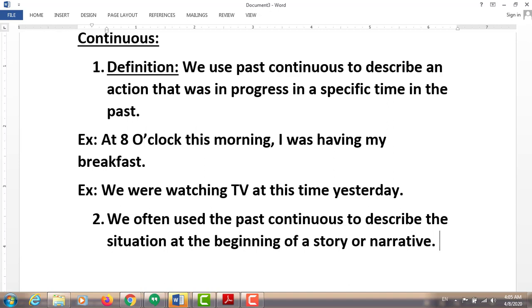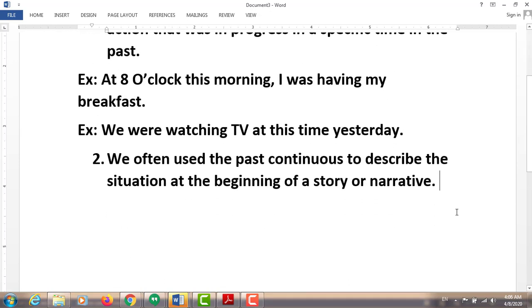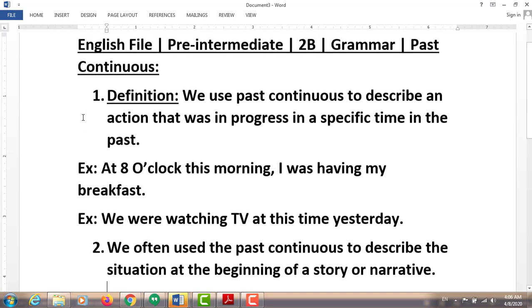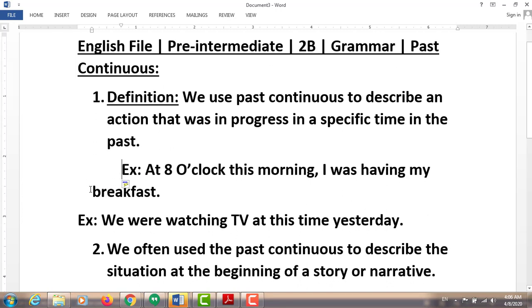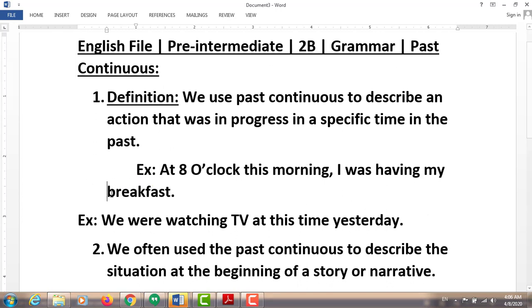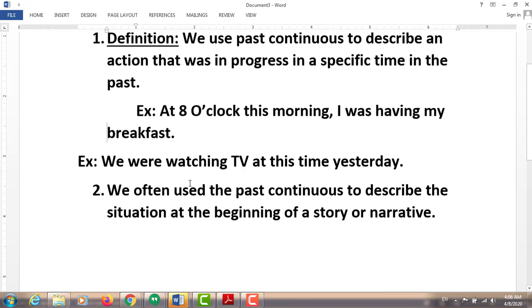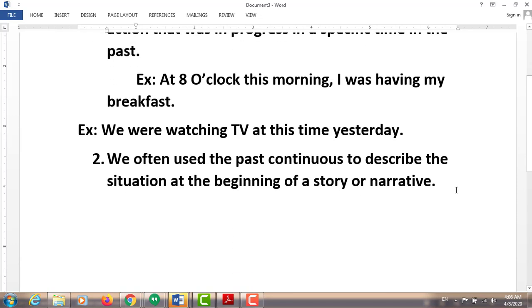So for example, you want to describe a situation that was in progress in the past. You want to describe a scene in the past.